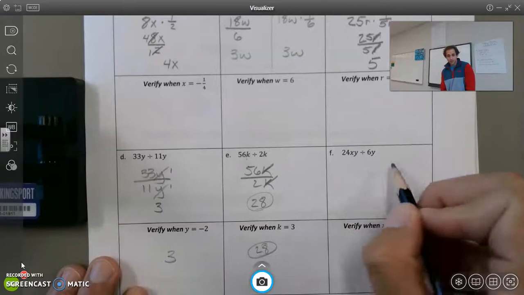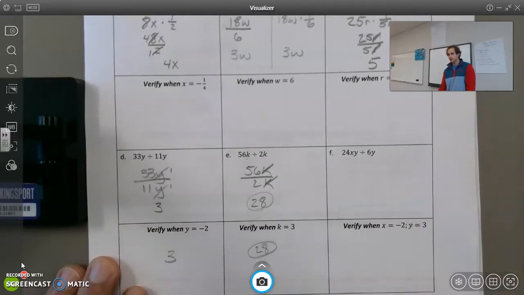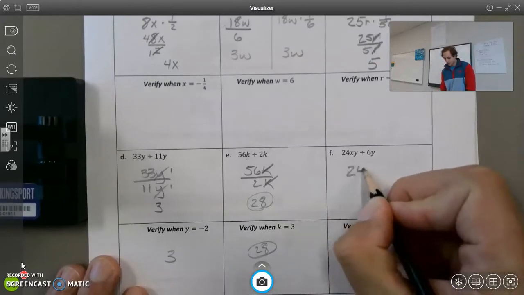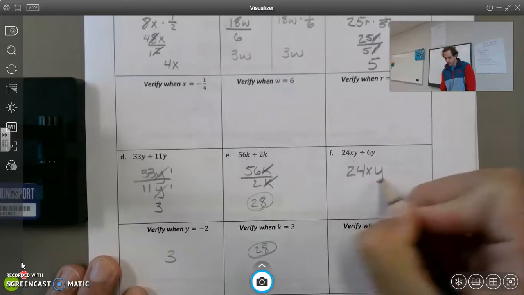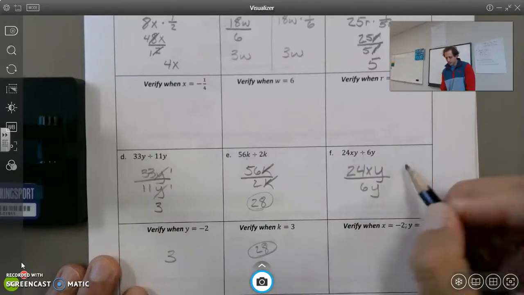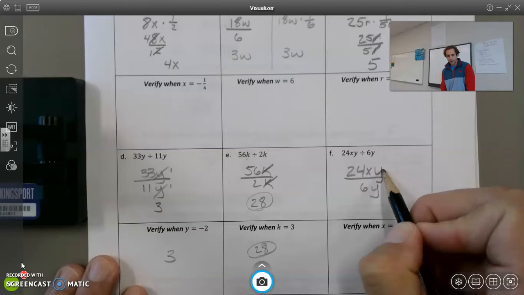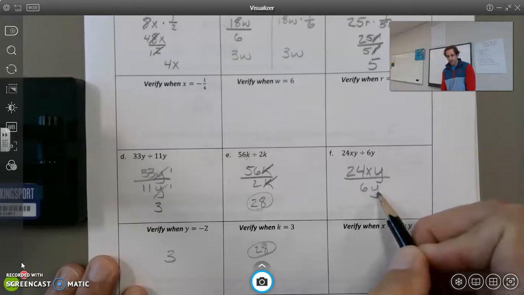This one is an interesting one. Like this is a little bit challenging, but if you've followed so far, you should be comfortable with this. 24x times y divided by 6y, so over 6y. And I see the same variable term in the numerator and the denominator. I see a y in the numerator and a y in the denominator.